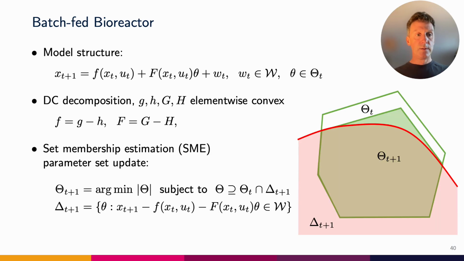In this application, we're using a fairly standard set membership estimation scheme to estimate the parameters. What this does is it estimates a set which bounds the unknown system parameters, and it applies to systems in which the unknown parameters appear linearly in the system model.